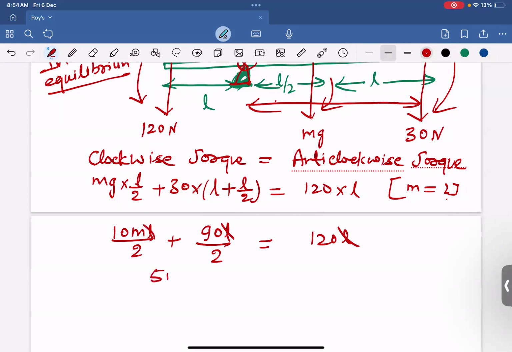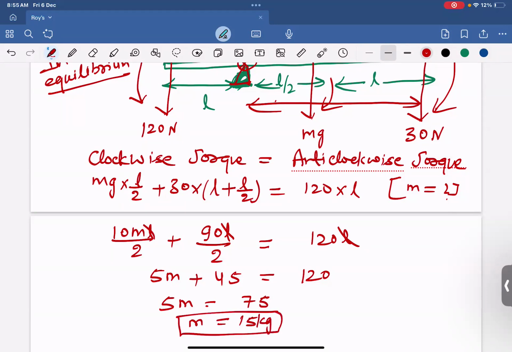So here 5M plus this is 45 and this is 120. So it means 5M is coming as 75. That means M equals 15 kg. Second option should be correct.